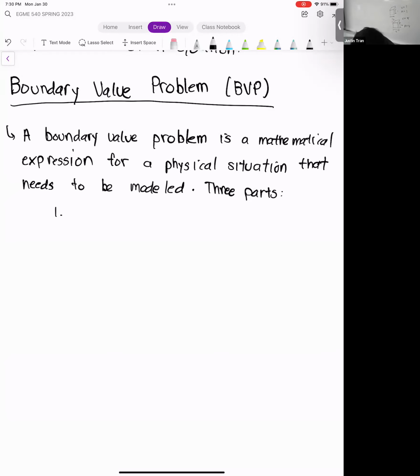The first is the domain. Next is the governing equations. Three are the boundary conditions.